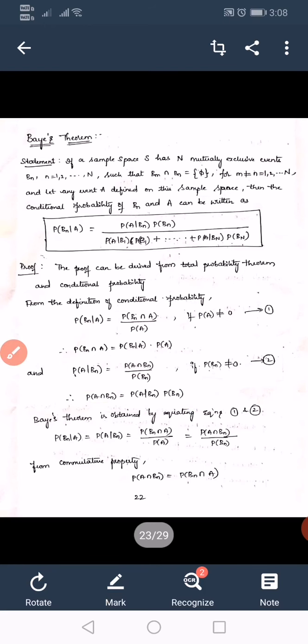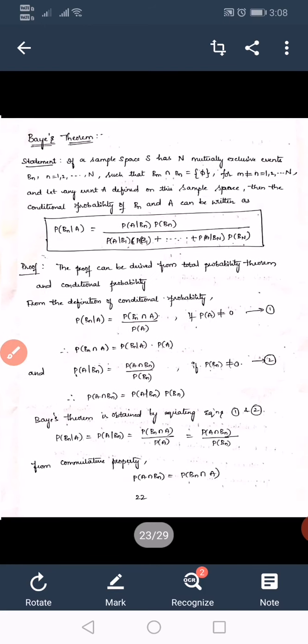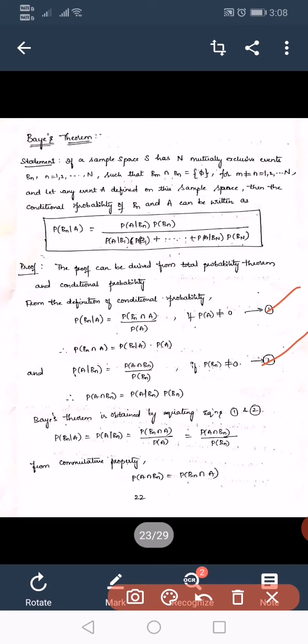So Bayes theorem is obtained by equating these two equations 1 and 2. Equate these two: P of Bn given A into P of A equal to P of A given Bn into P of Bn. Equate these two left hand side terms and equate these two right hand side terms. P of Bn intersection A by P of A equal to P of A intersection Bn by P of Bn.